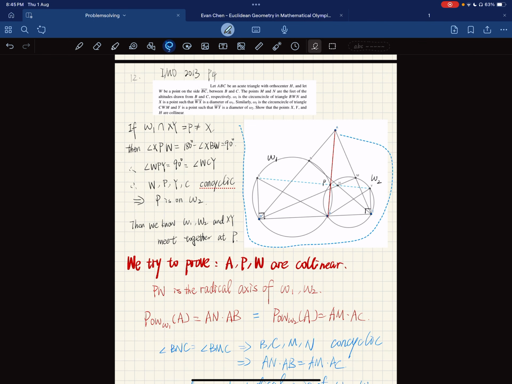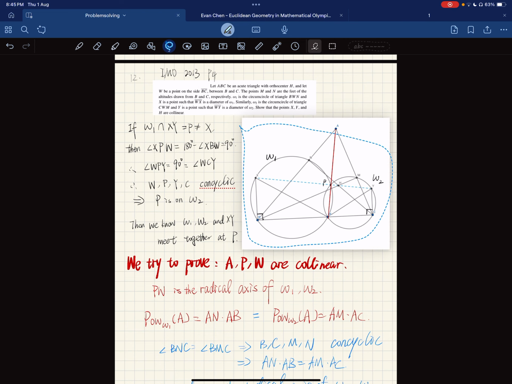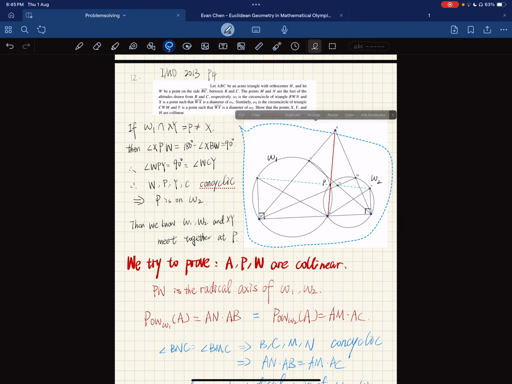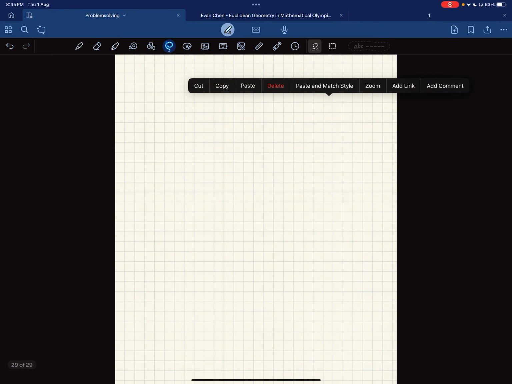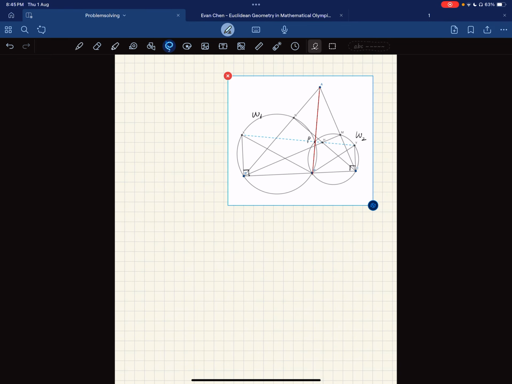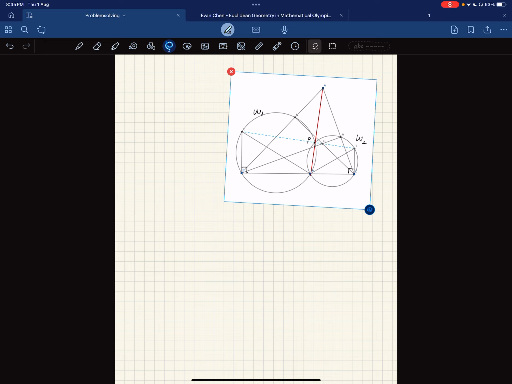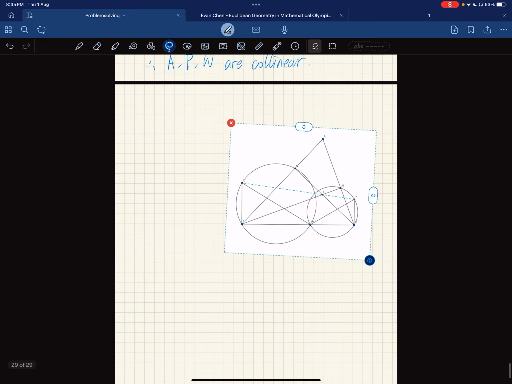And let me copy this picture and write it on the next page. Let me do some little changes.